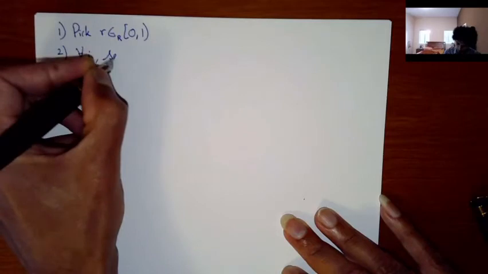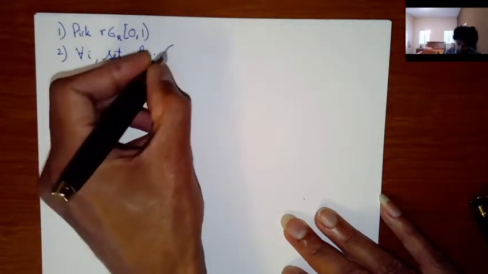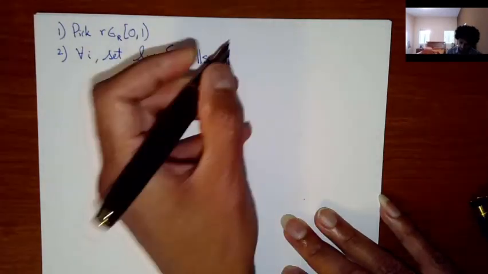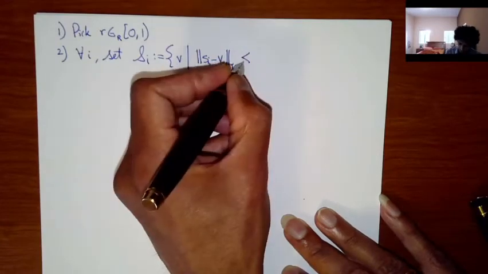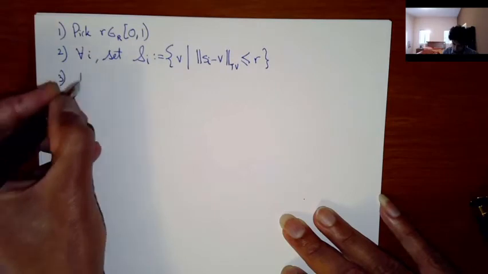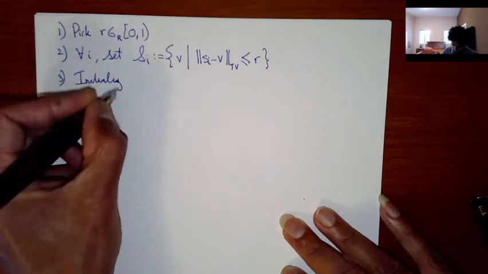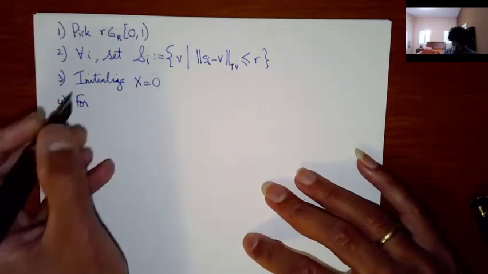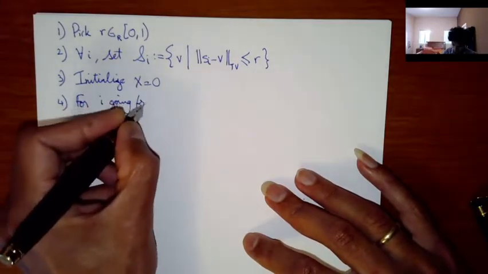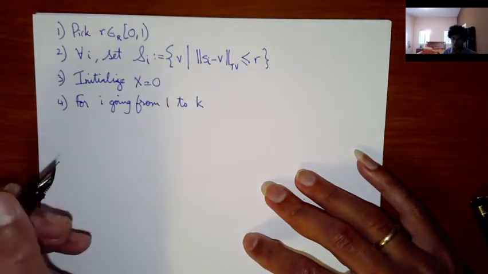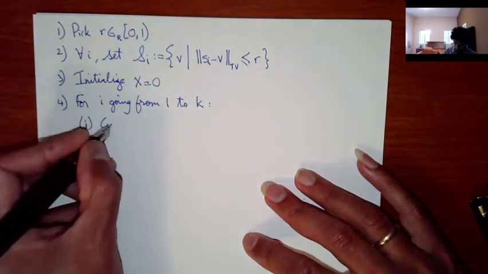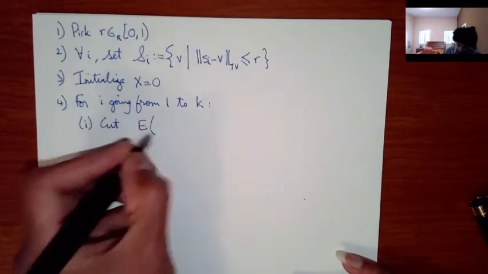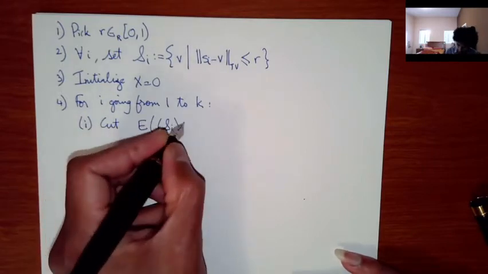For all i, set S_i to be all the vertices such that the distance between the terminal and the vertex is at most R. Now we'll initialize x equal to 0, and then we'll say for i going from 1 to k, cut the edges going from S_i minus x.